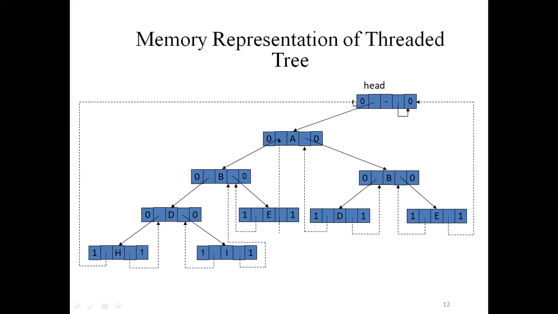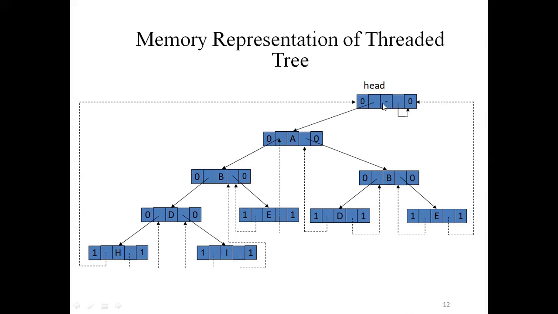Now in the head node, again, it has left child A. That's why the left thread is replaced with 0, and the right thread is also replaced with 0, because for the right child it is pointing back to itself. So this is the major change that we need to keep in mind.